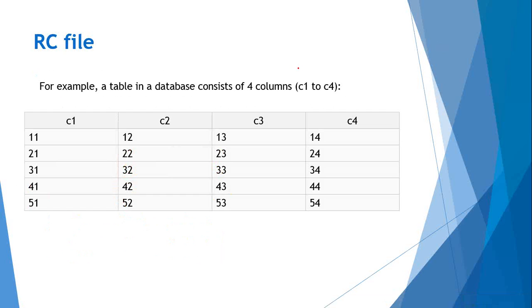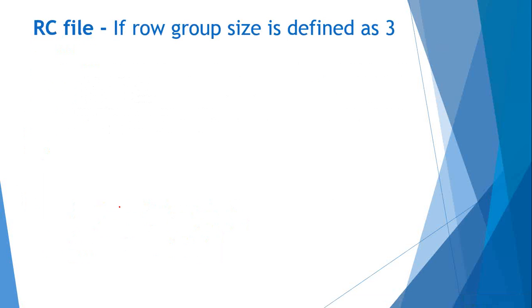So say this is my file: column 1, column 2, column 3, column 4, and the corresponding data for those columns in different rows. So this is your row number, this is your column number, and so on. How this data is stored at the back end is something like this.